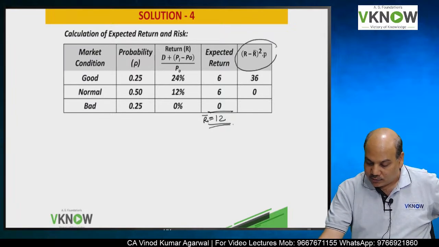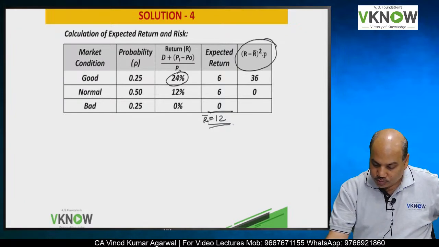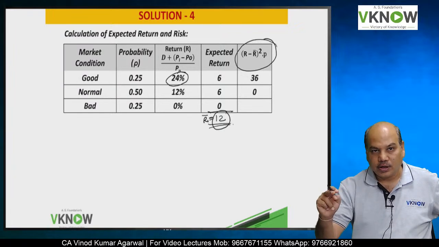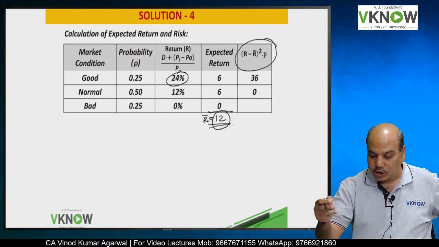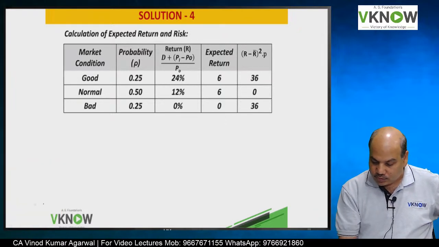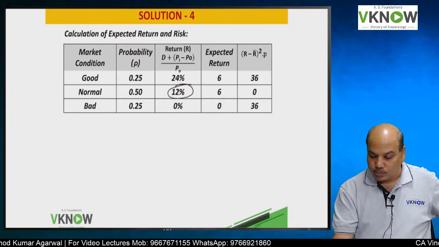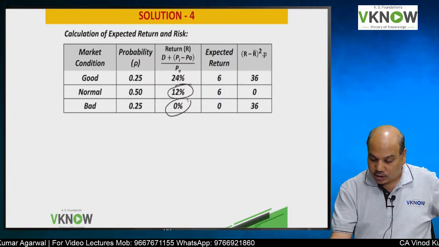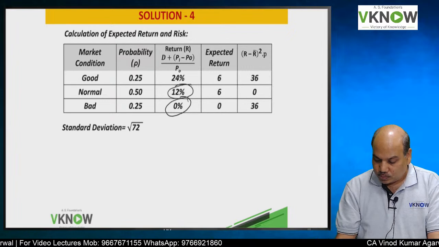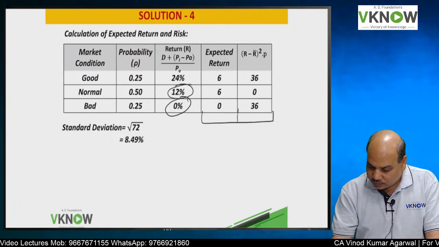Now R minus R bar square into probability: 24 minus 12 square into 0.25. So that is 36. Next one, 12 minus 12 square into 0.50. Last one, 0 minus 12 square into 0.25. Take the total here.